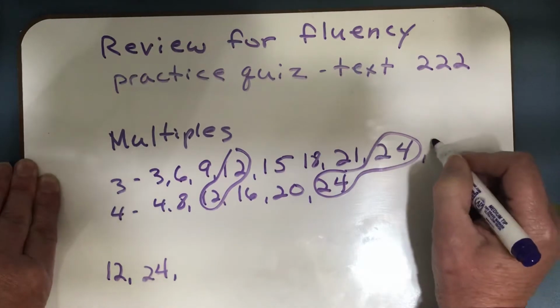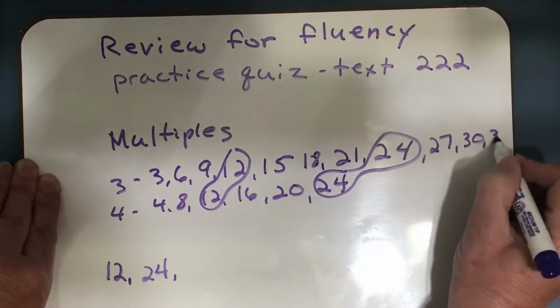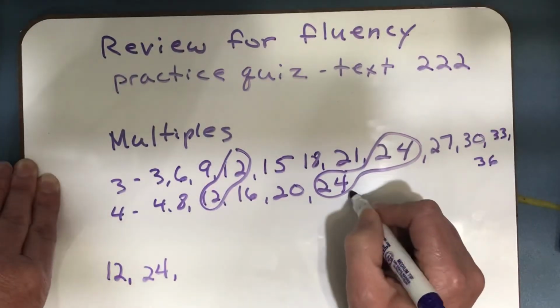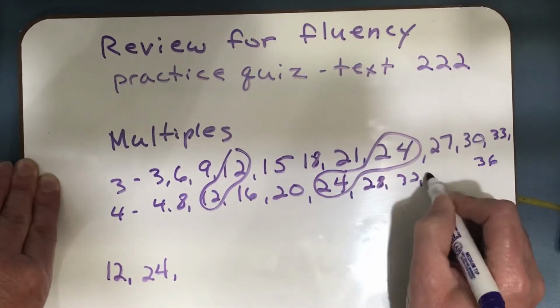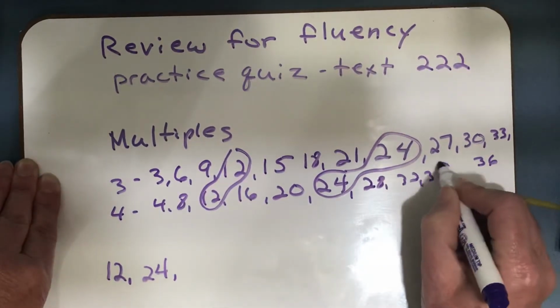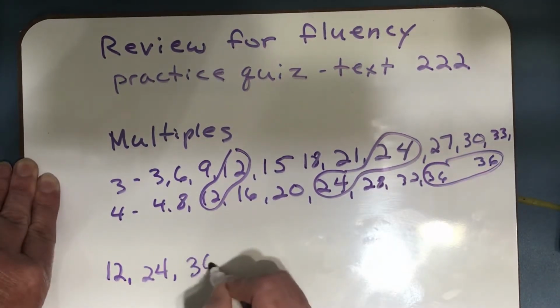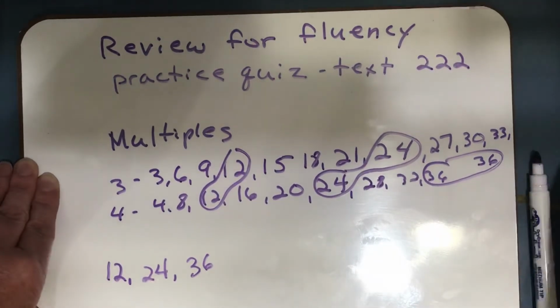On 3s it would be 27, and then 30, and then 33, and then 36. If I keep going with 4s, it's 28, 32, and 36. So there we go, 36 is another common multiple. 12, 24, and 36 are the first 3 common multiples of 3 and 4.